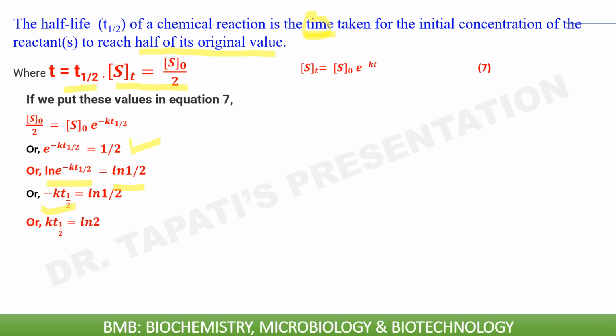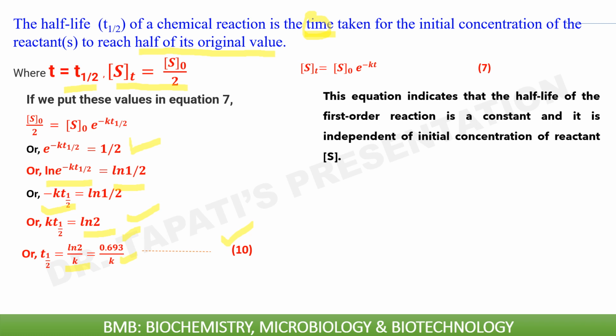Or we can write it as k t half equal to ln 2, so t half is equal to ln 2 by k. Value of ln 2 is 0.693, so t half value is 0.693 divided by k. It is equation 10.